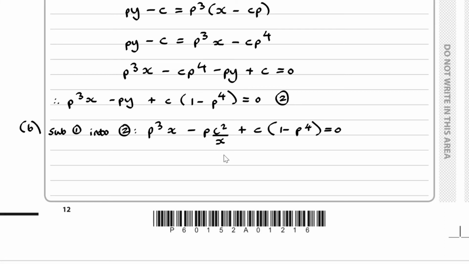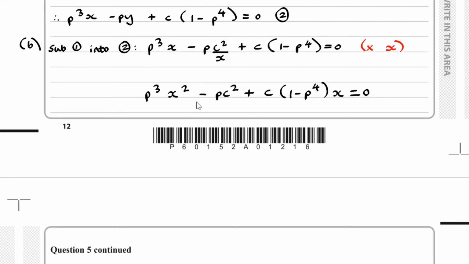And if we multiply through by x, so let's just write this down. If we multiply through by x, you'd find we have p cubed x squared minus pc squared plus c lots of 1 minus p to the 4 x equals 0. Okay? And we can write this as a typical quadratic.